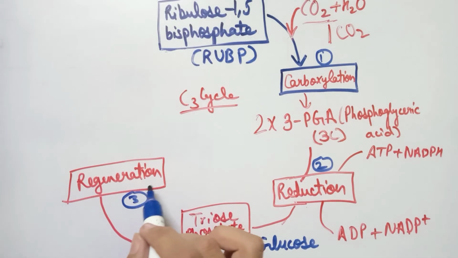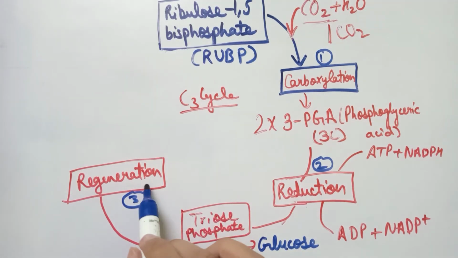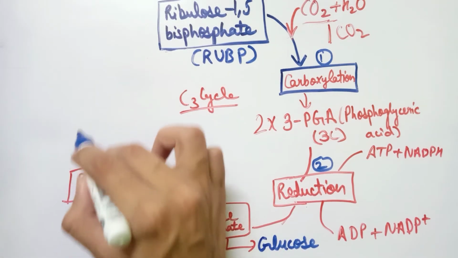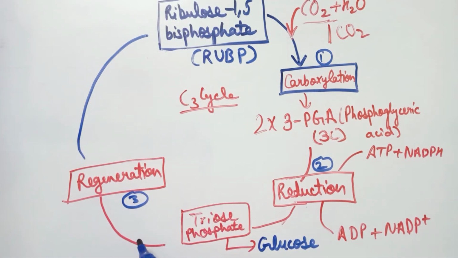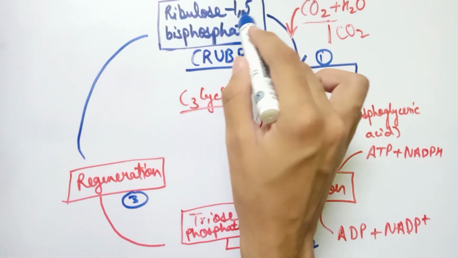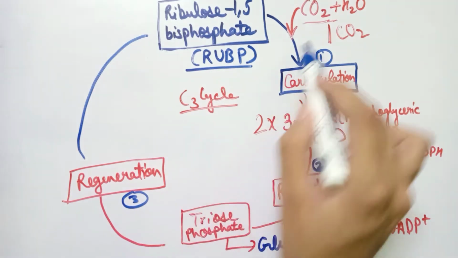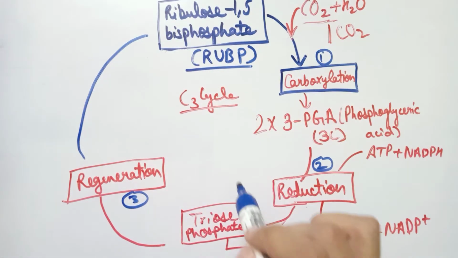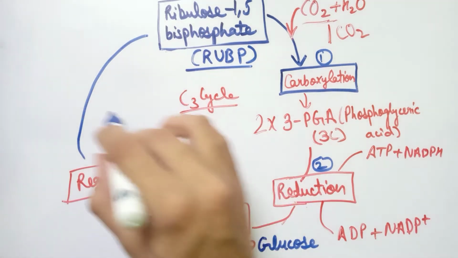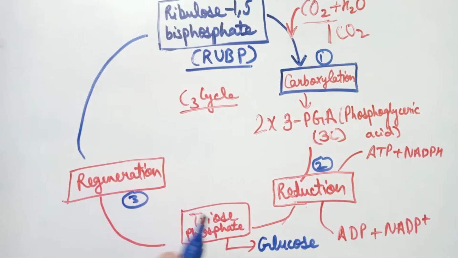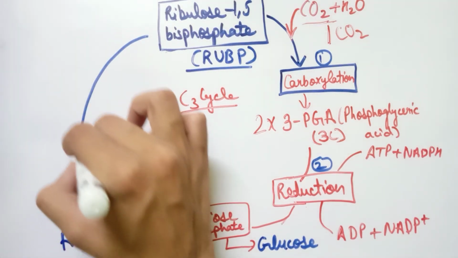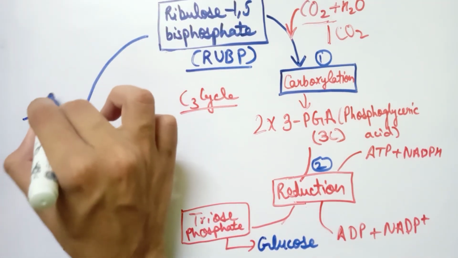Now the third step is the regeneration step. The regeneration step is important because in order to continue this cycle, again we have to produce RuBP, or ribulose 1,5 bisphosphate, which is the primary acceptor of the carbon dioxide to be fixed. So we need RuBP here. In order to regenerate RuBP, this step is important. This step utilizes one ATP molecule and converts it into ADP.